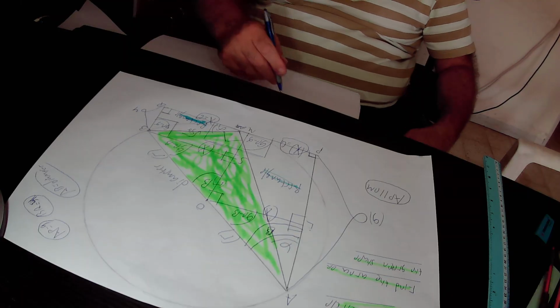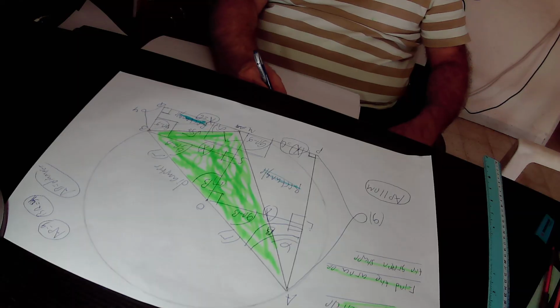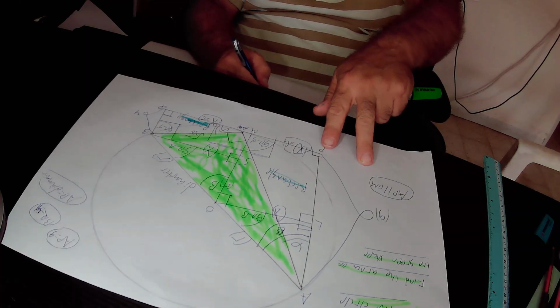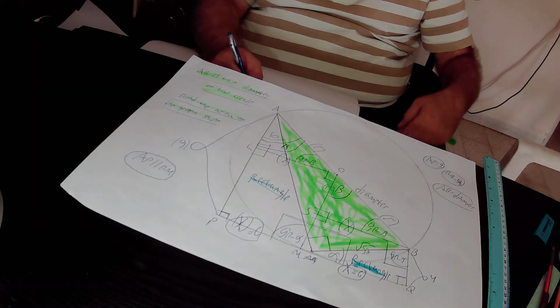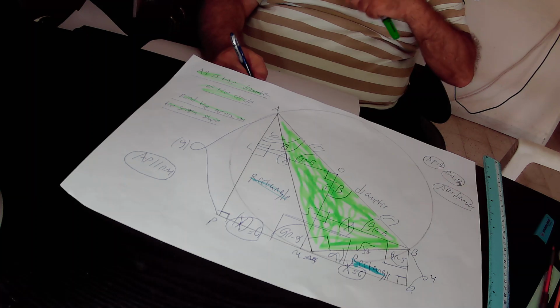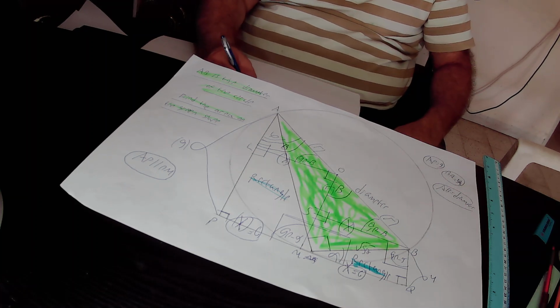So the area of the right triangle AMB will be equal to the base MB times the height AM over 2.